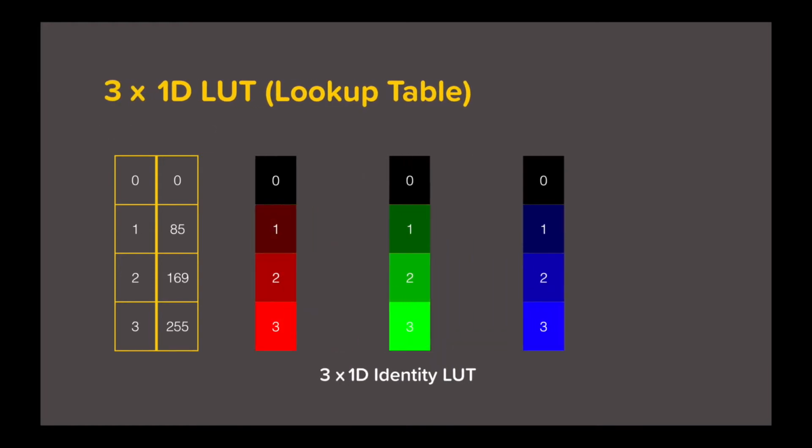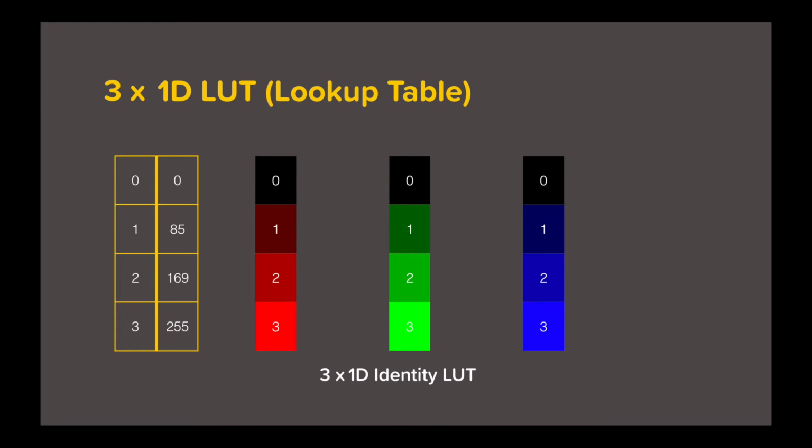Then, because our images are not simply black and white, we have three channels to map, so we can instead use 3 identity lookup tables, one for each channel. All the values of R will have all 256 values to map, so we'll have 3 arrays of 1 by 256, that would be the 3 different lookup tables.